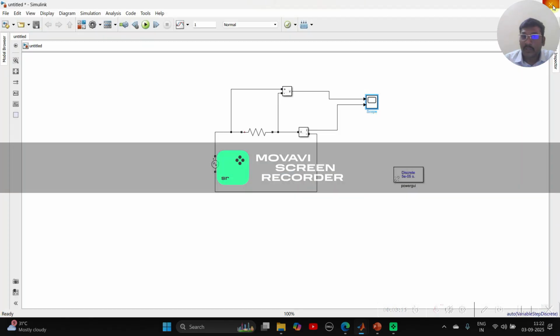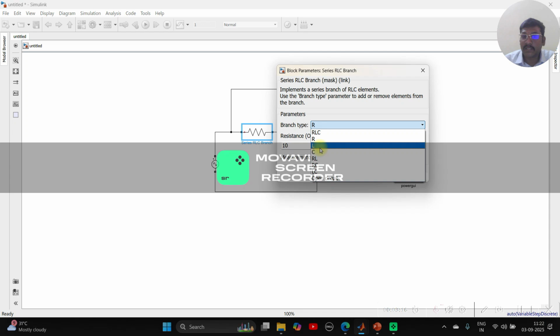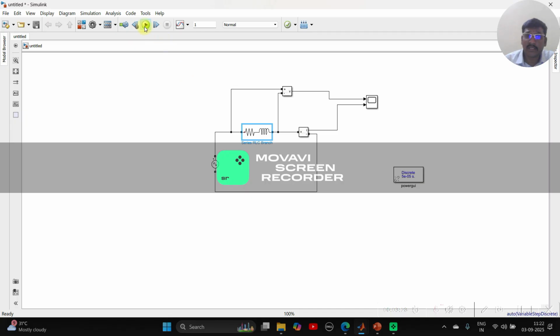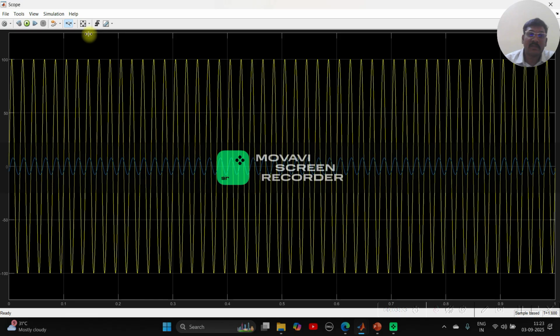Now I am going to change this circuit to RL by replacing the component R with the RL component. Here the resistance is 10 ohm, and the inductance value of 25 millihenry is already connected. I am running this and I will show you the difference. Now you see that there is a phase angle difference.